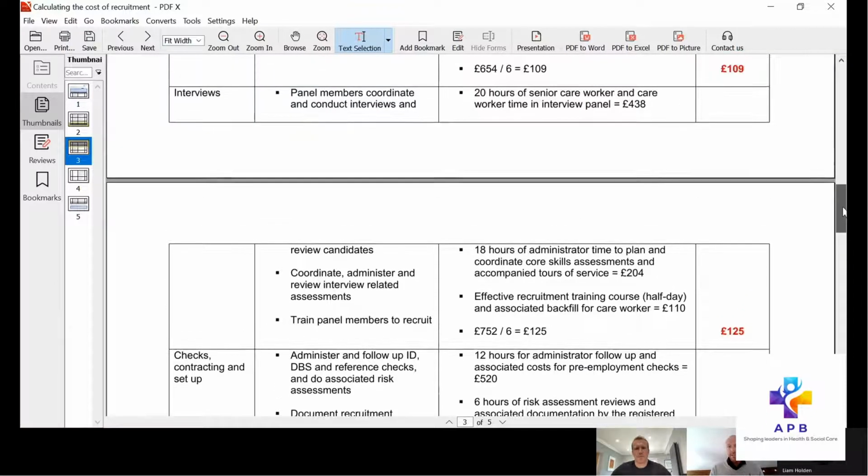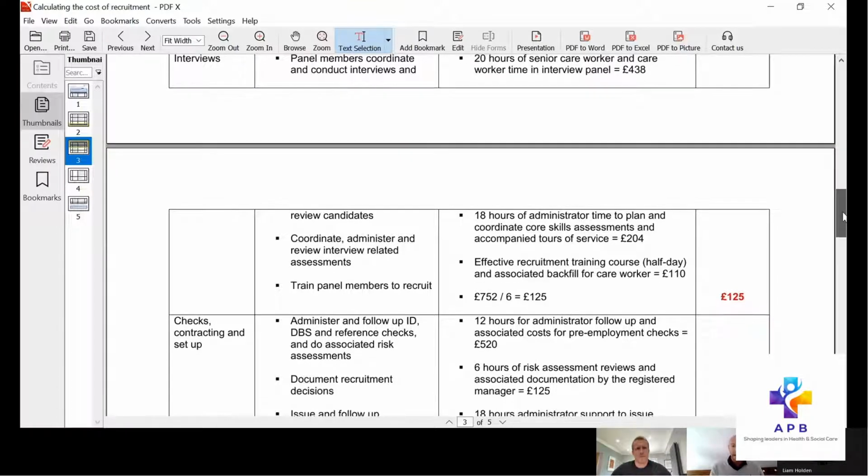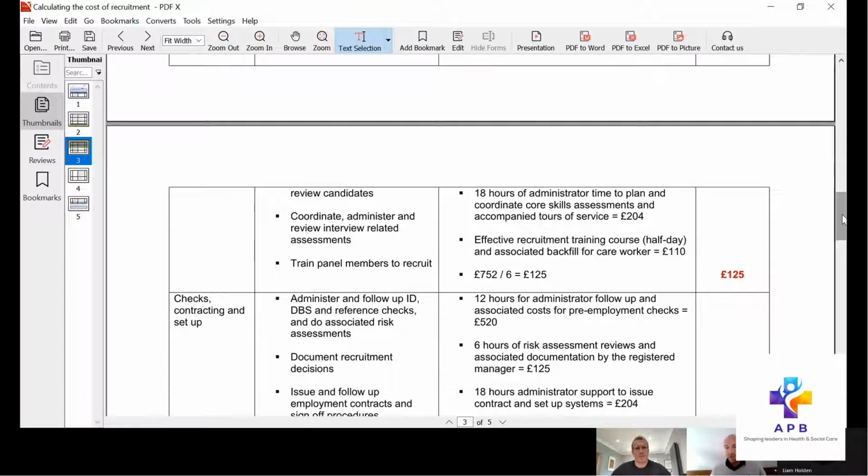So for doing the actual interviews, the administration, liaising with the candidates, giving feedback internally to the business, they've got it per person at £125. I think that is really erring on the side of a conservative figure from my experience.